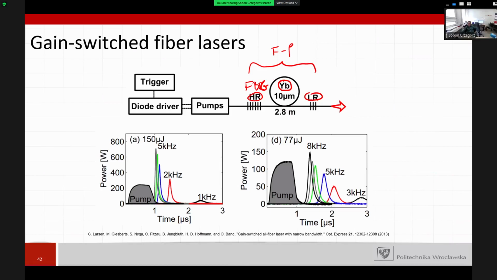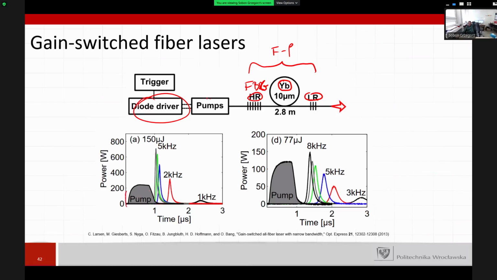This is the resonator, and we have the pump, and the pump is driven by a rectangular signal. So we modulate the pump. And here on the bottom, you can see the temporal oscilloscope traces of the pump pulse and the actual laser output pulse.